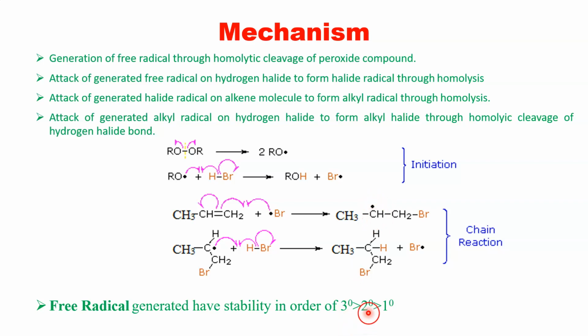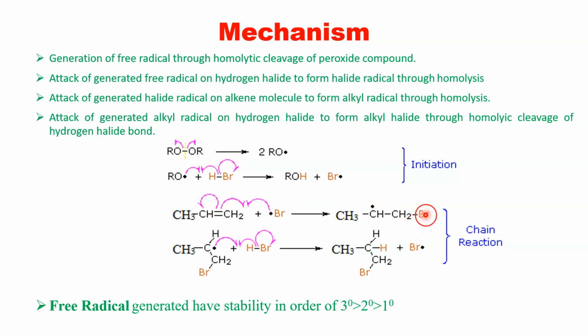The secondary free radical is more stable. If the Br were attaching at the carbon which has the least number of hydrogens, it would form a primary free radical, but the stability of a primary free radical is less. The stability of the secondary free radical is higher than primary.